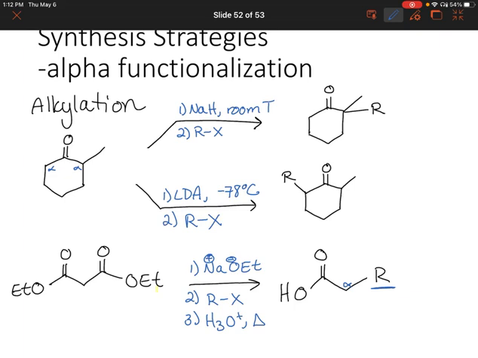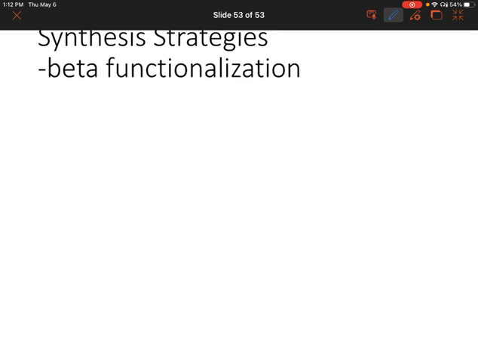All right, now let's look at some beta functionalization. So how would we, for instance, add an R group to the fourth carbon on this conjugated system?